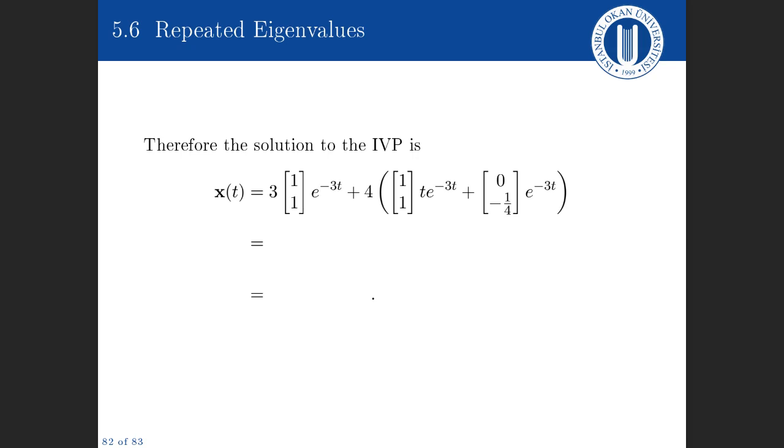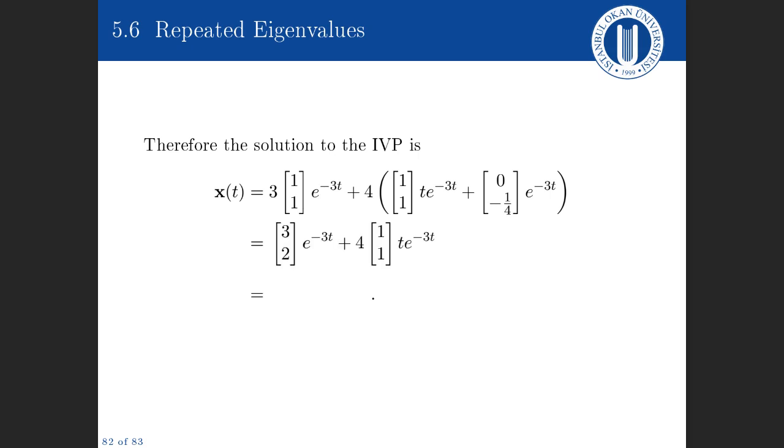So the solution to the initial value problem, 3 multiplied by the first function plus 4 multiplied by the second function. To finish, let's simplify this a little bit. Gather the e to the power minus 3t terms together, and we get 3, 2.